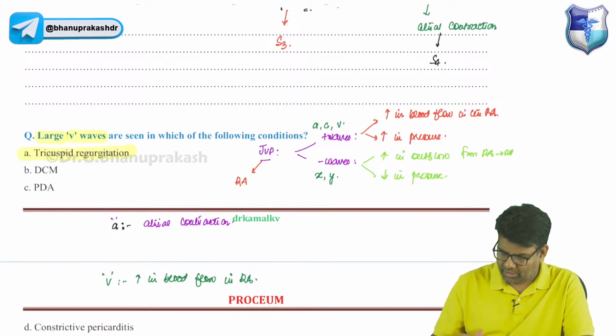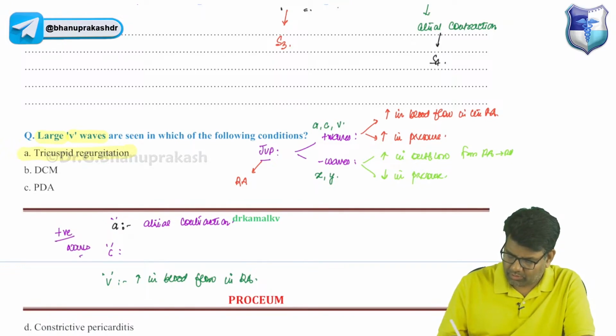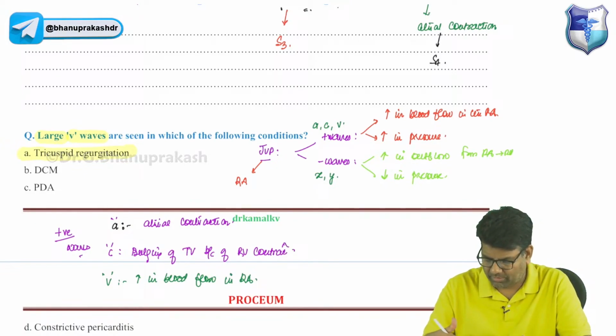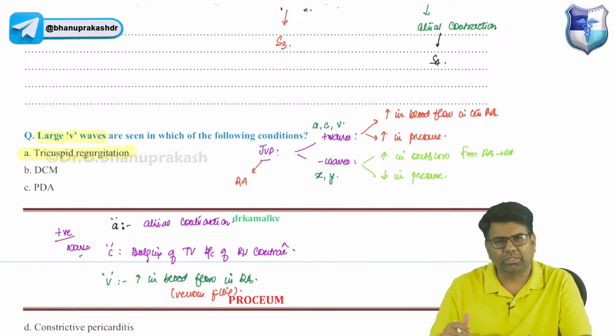Yes, right. So V is because of increase in blood flow in the right atrium, and in between the two there is one positive C wave. These are all positive waves. So this is because of bulging of the tricuspid valve because of right ventricular contraction. Clear? So this is the reason. Yes, you can write it as venous filling. Same thing, right? So these are the reasons for the positive waves in JVP.